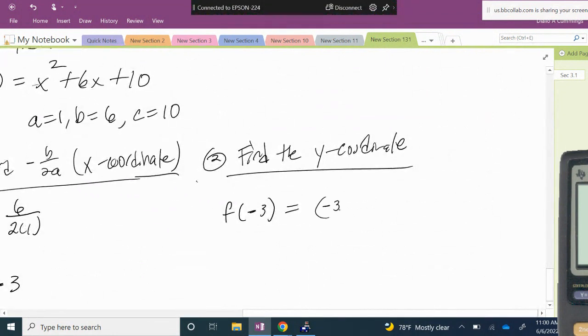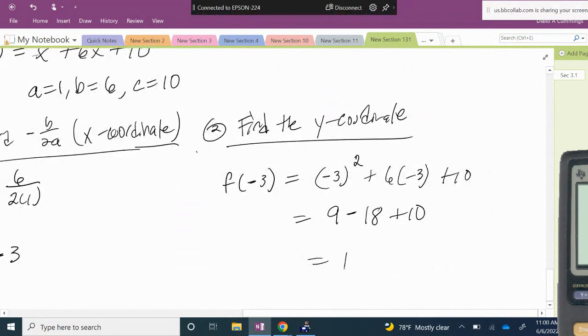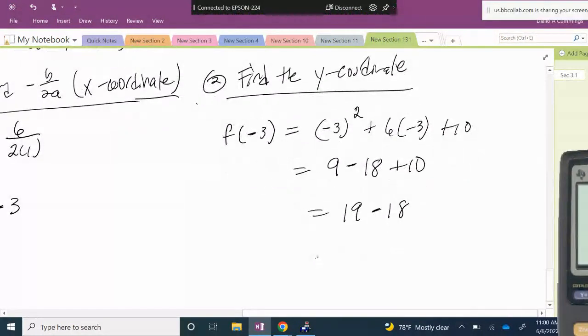So this is negative 3 squared plus 6 times negative 3 plus 10. Negative 3 squared is positive 9, minus 6 times 3 is 18, plus 10, which is 19 minus 18, which is 1.